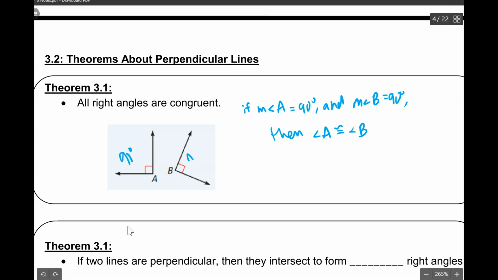Because both of these are 90 degrees, they're going to be congruent to each other. That little square symbol means 90 degrees, and since both of these are 90 degrees, we can say that they're the same measure.